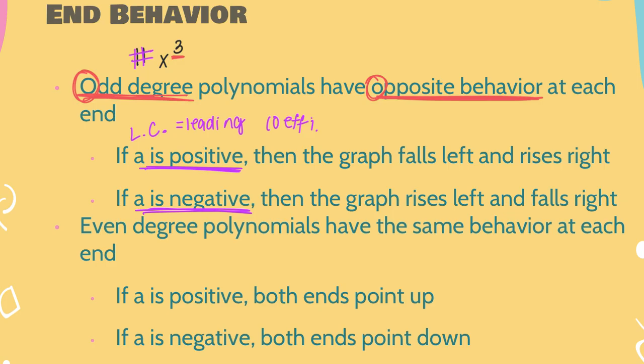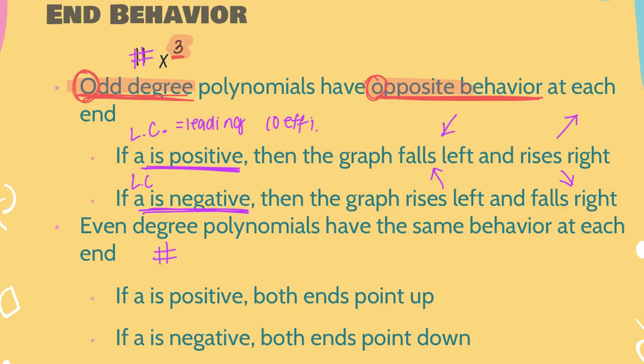If it's positive, it falls to the left and rises to the right. And again, if my leading coefficient is negative, it rises to the left and falls to the right. Okay, so this has to do with an odd degree. For this question, I am looking at my degree, and this is odd. They're opposites.